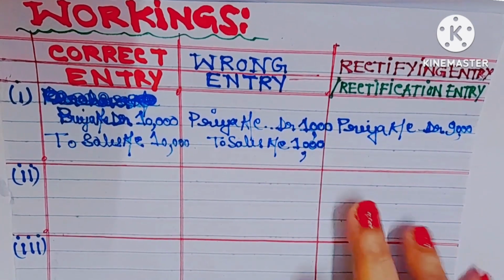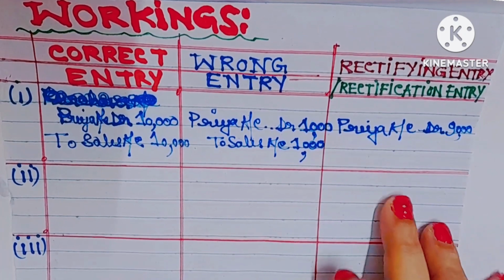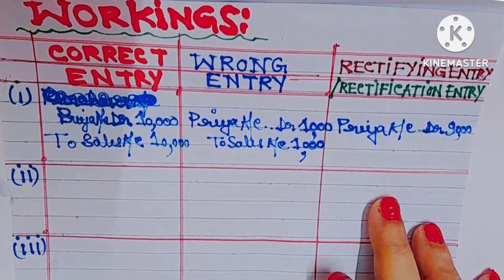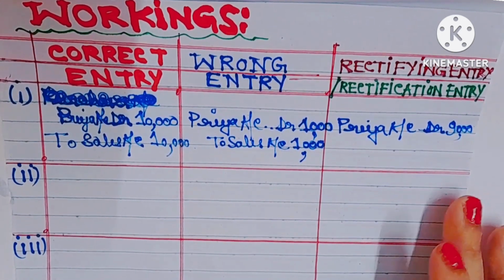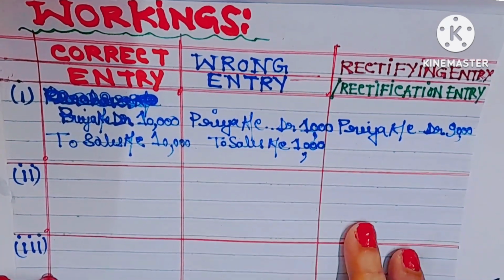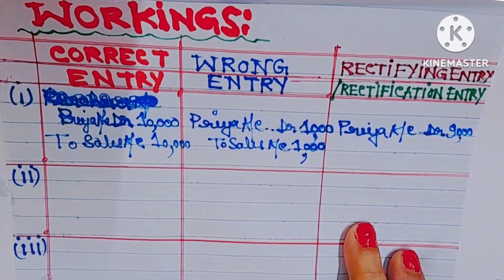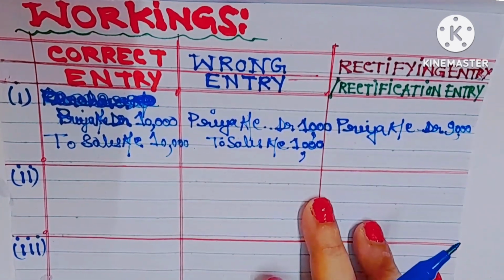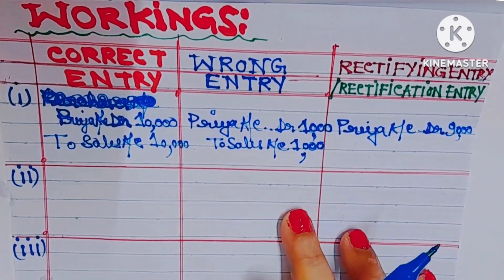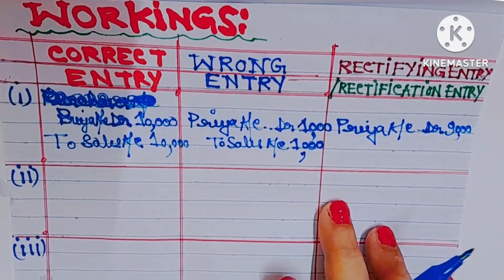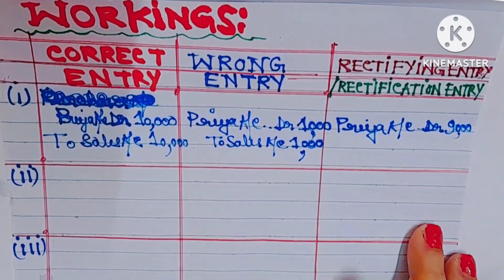But here, the amounts are recorded less. So we do not have to reverse the entry, but we have to write the additional amount on the same side. Because here less amount has been recorded, to increase the amount you do not have to reverse the entry.